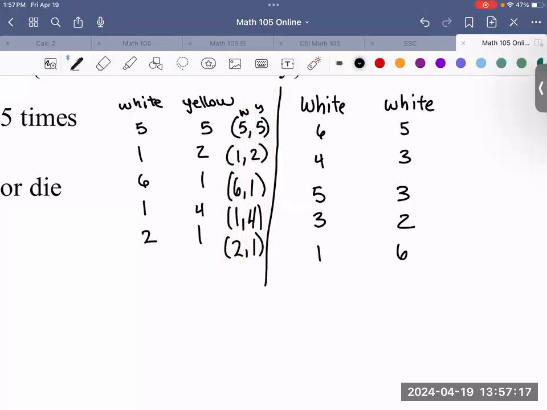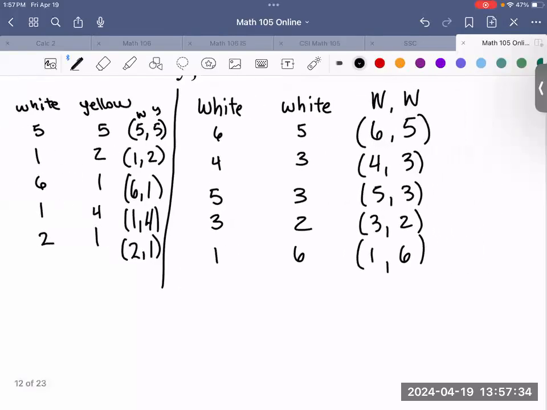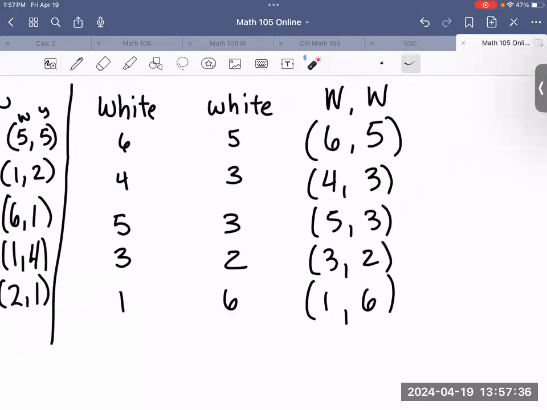However, when I do it on the other side, right? White and white. We got 6 and 5, 4 and 3, 5 and 3, 3 and 2, 1 and 6. So when you put these in your hands, again, it's funny on a simulator because it doesn't give you that aesthetic.